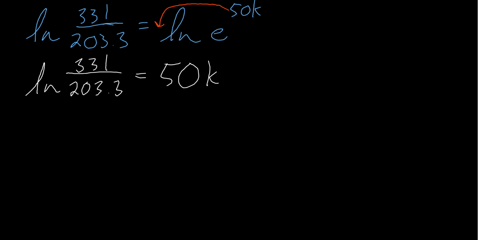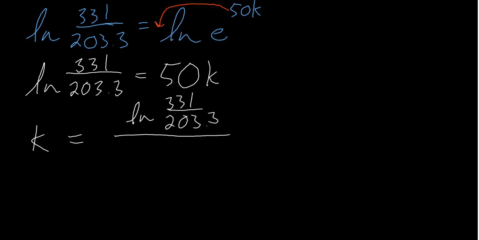All right, and then we're going to divide both sides by 50. So let's go ahead and just put K on the left side here. So K is going to be equal to the natural log of 331 over 203.3, and all that over 50. Now, there can be some user error when putting this into your calculator, but hopefully we'll avoid that.